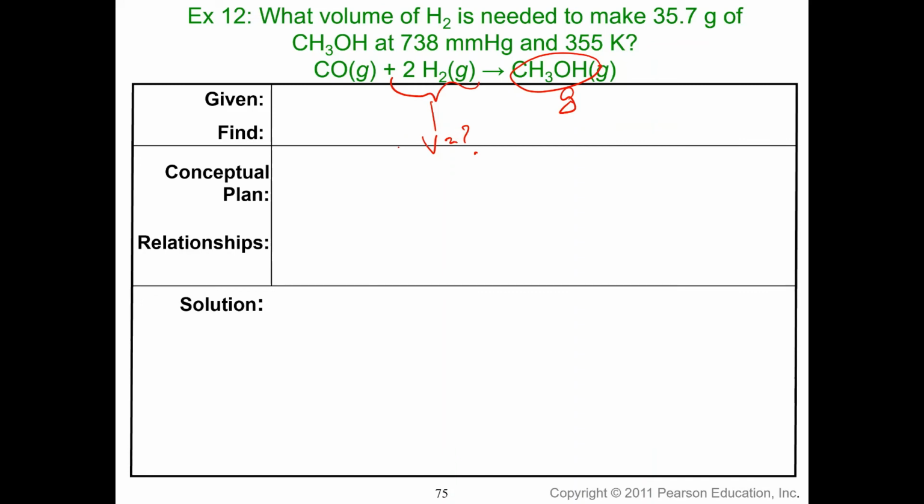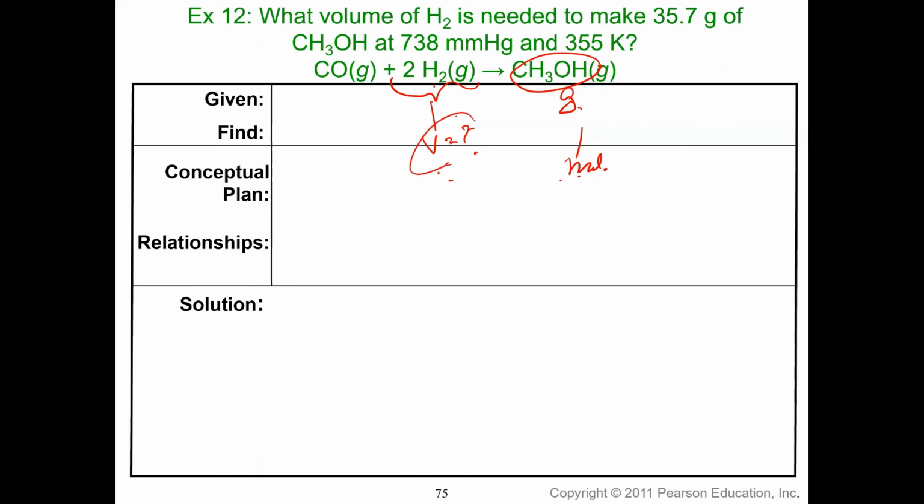If you are given this and they're asking how many grams, going from grams of this to moles of this would be easy for you. You say grams, convert them to moles, and moles go back to the moles of hydrogen using what? Molar ratio. Now the twist here, they're not asking about the moles, but they ask about the volume.